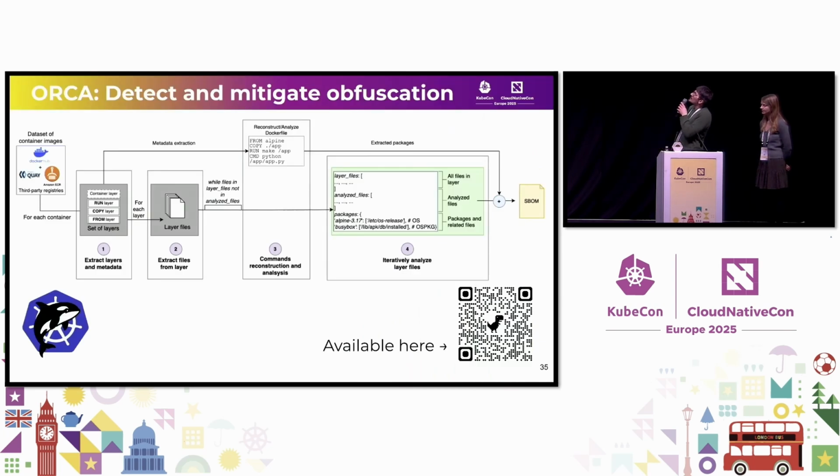ideas from our first methodology, where we were able to identify cases of obfuscation. And basically, at the fourth step, we do an iterative analysis of all the layers and the reconstructed Docker file. And we basically examine each layer individually. Then we analyze package metadata and the actual downloaded packages.